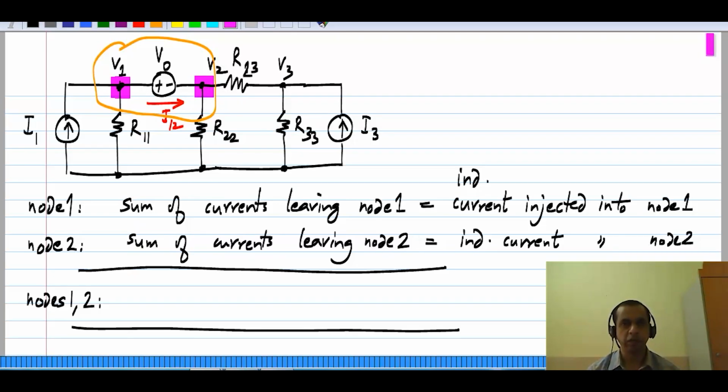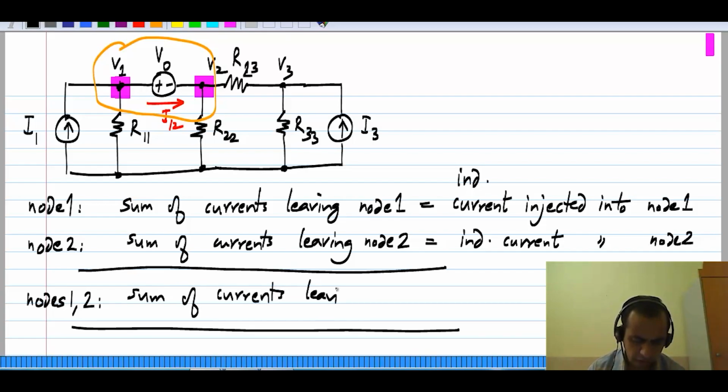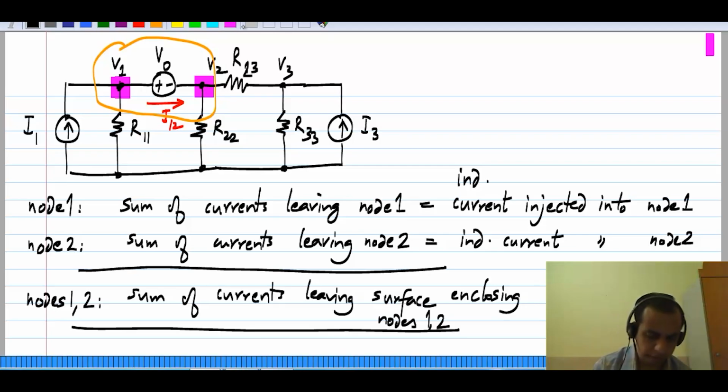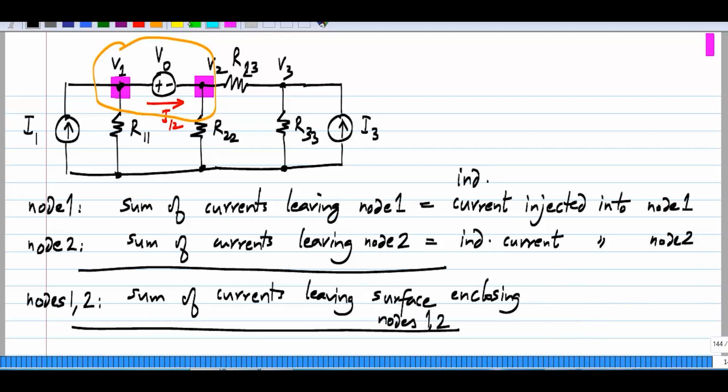So any current flowing between nodes 1 and 2 will get cancelled when you carry out the summation, and what is left is basically the sum of currents leaving the surface enclosing nodes 1 and 2. Basically this surface. This is the surface we are talking about here.